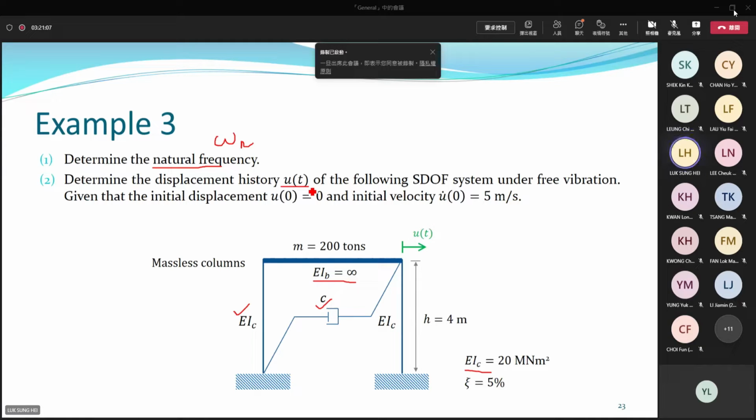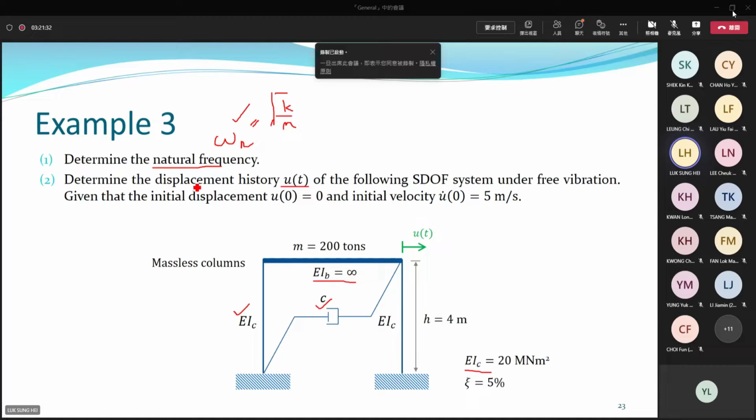A very straightforward problem, right? Natural frequency depends on stiffness and mass, right? Square root of k over m equals the natural frequency. If you know stiffness and mass, then the first one is solved.